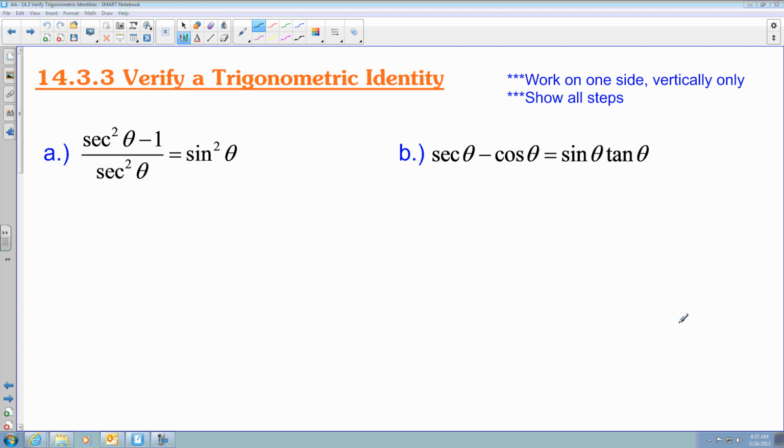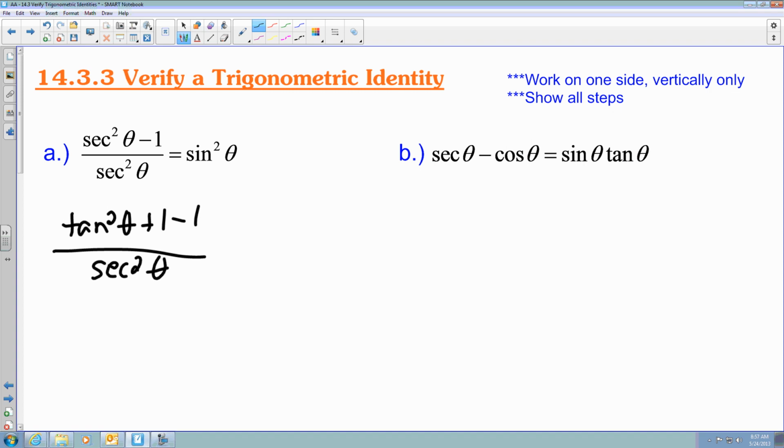So if you look in your notes from page 1, I identify that secant squared theta ends up being tangent squared theta plus 1. So I'm going to write that down. So I'm going to have tangent squared theta plus 1 minus 1 all over secant squared theta.